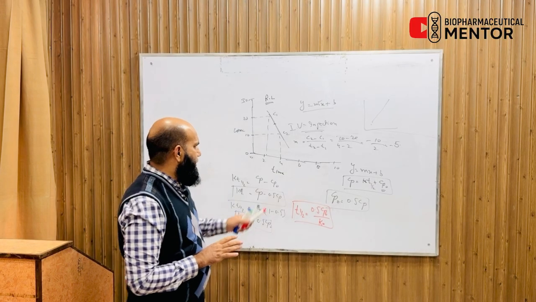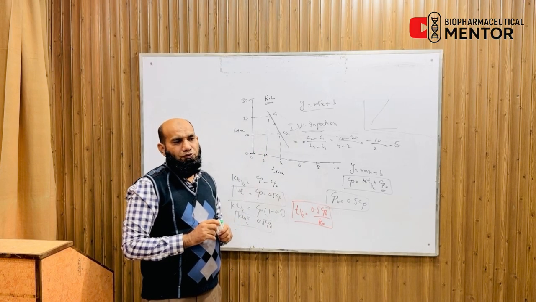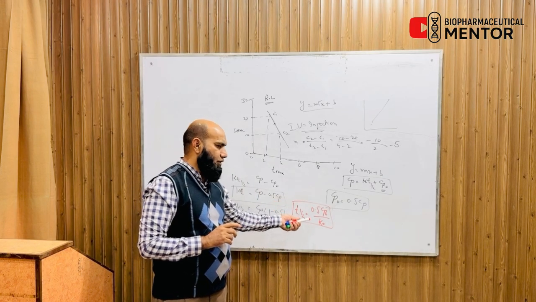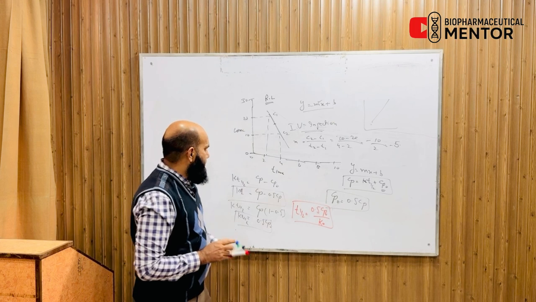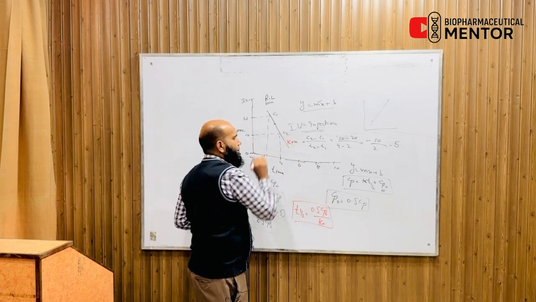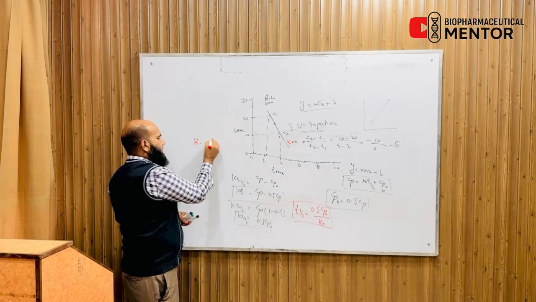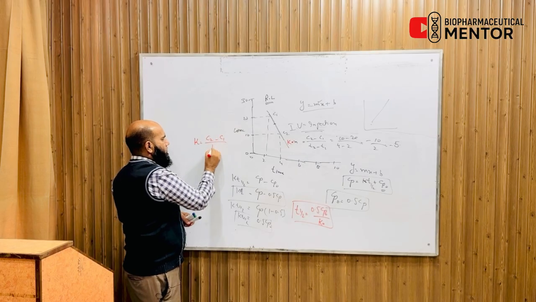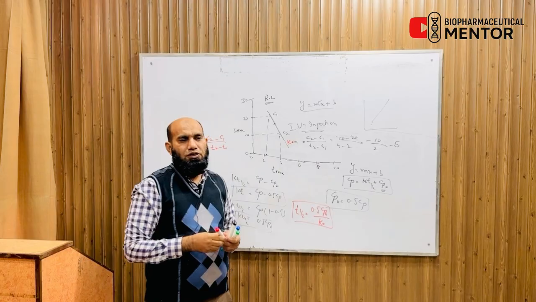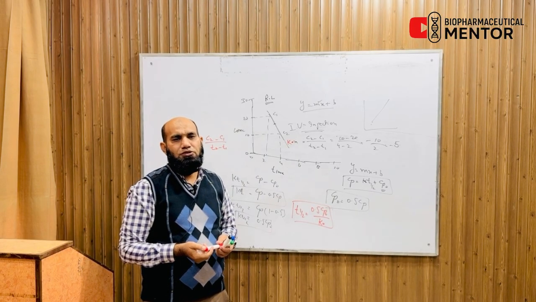For example, in this data, if we want to calculate the half-life, we will first find the initial concentration, then multiply it by 0.5 and then divide by K. I will explain this K because this K is equal to this m. In this case, we will first calculate K, the rate constant, which is C2 minus C1 over T2 minus T1. Remember in my previous video, we wrote the same with ln C2 minus ln C1, because the data was plotted on the semi-log graph.